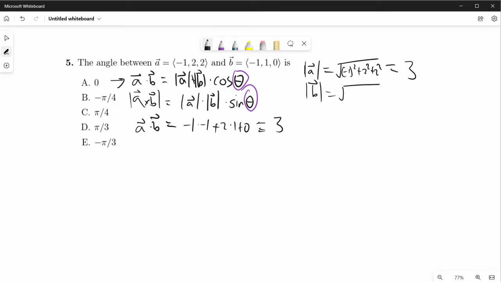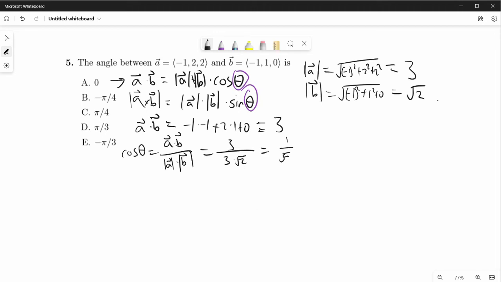Length of b: (-1) squared plus 1 squared plus 0 gives root 2. So in this case, cosine of the angle in between will equal a dot b over length of a times length of b, which is 3 over 3 times root 2.